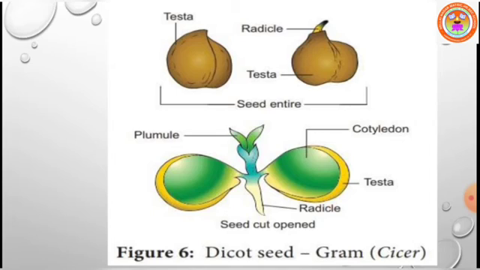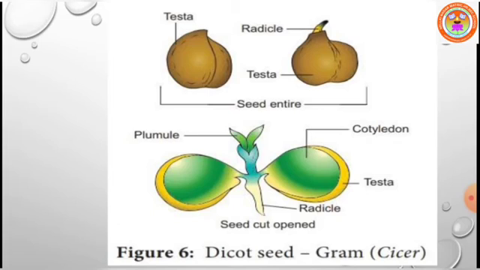The seed of Pisum sativum has two cotyledons. Similarly, in the dicot seed, for example gram seed or Cicer, you can see the two cotyledons.